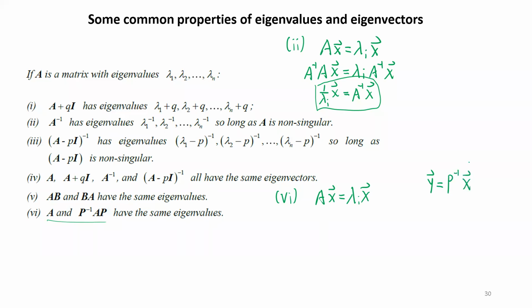I define a new vector y. I can always do that, because P inverse exists, so I can always define a new vector in this way. So that means x equals P y.